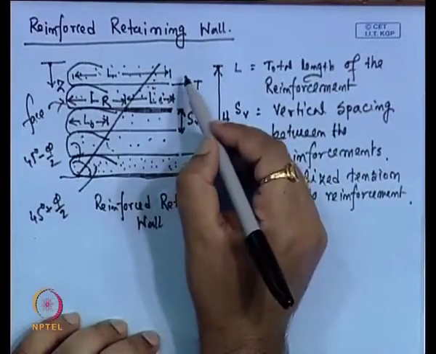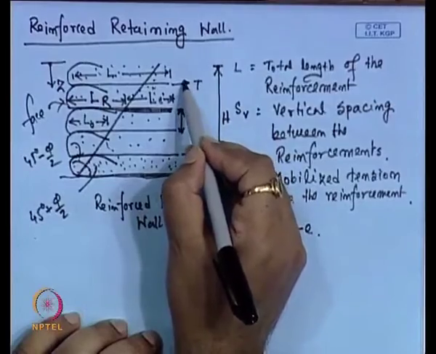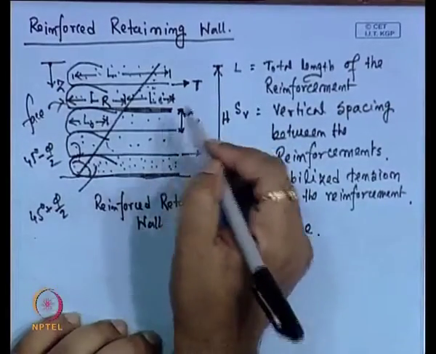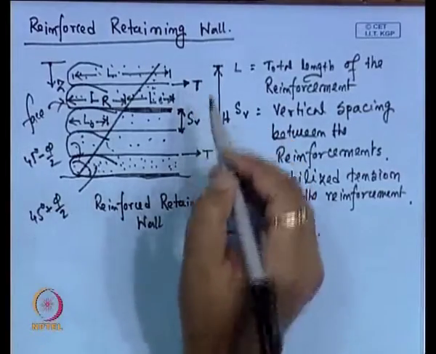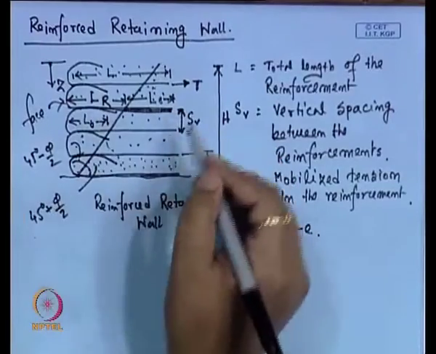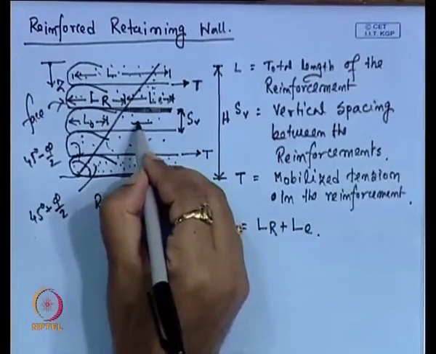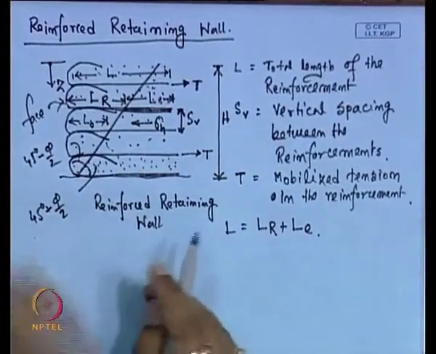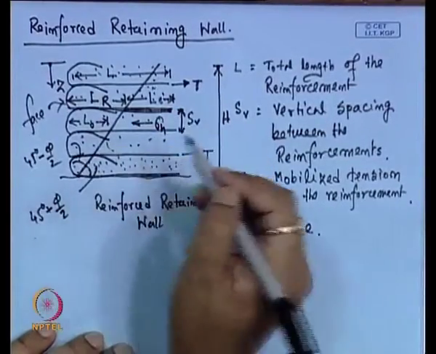As I mentioned in the last class, the tension will mobilize. Lateral earth pressure is acting, this is sigma h at any depth, acting from this direction.